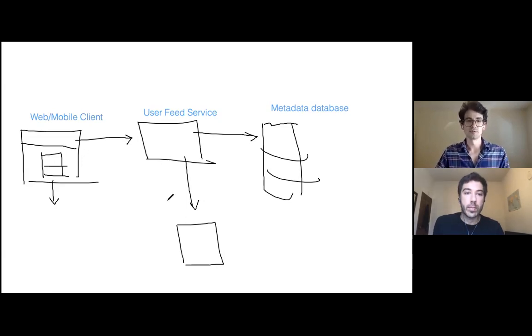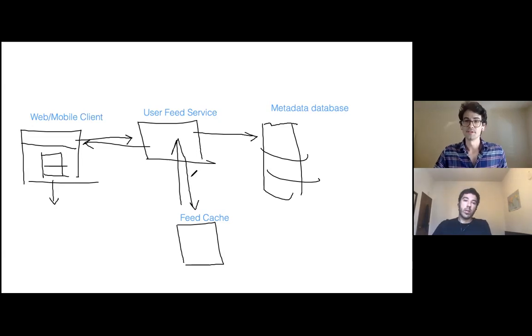But this is a stripped down version of what that would look like. So we'll call this our feed cache, which we'll be writing to and reading from when a request comes through. We'll return that request to the client, and then they'll render the feed or the first few items of it before fetching the remainder of the feed.